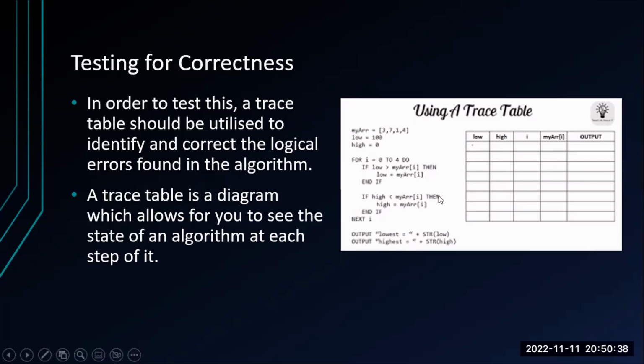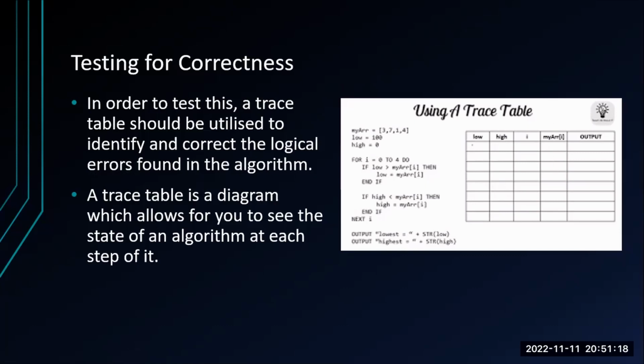The picture might be a bit blurry, but I'll just point to it. Here is an example program on the side. These here would be your variables, and then this would be your output. Depending on what is inputted or what is processed, values would be entered here, and then at each point when it is changed, they'll all be written in here.